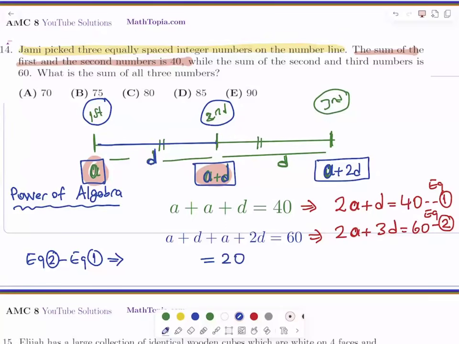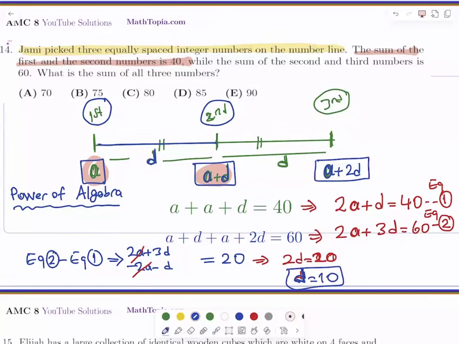When I do equation 2 minus equation 1, do you see that cancellation will happen? We will cancel the a's and we will cancel 1d. So 2d equals 20, and d equals 10.